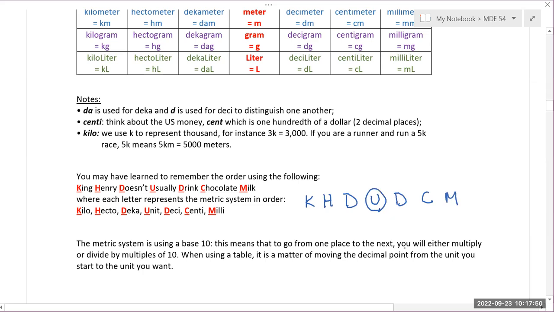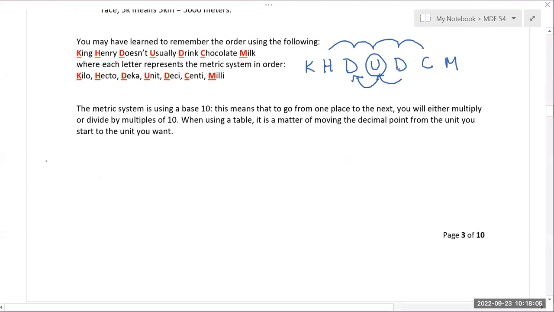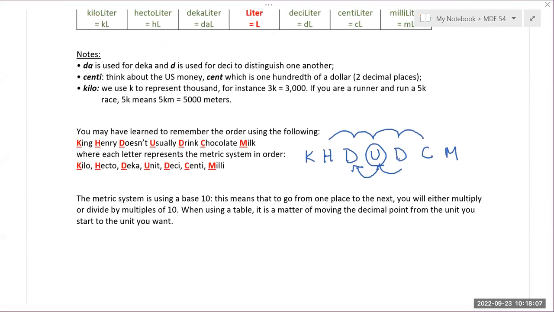This is my central unit. So if I wanted to go from hecto to centi really quick, I could write that out. If I wanted to go from deci to deca, I could write it out. So it's just a fun little mnemonic, if you ever needed to repeat it: King Henry doesn't usually drink chocolate milk. Quick way for you to do that conversion.